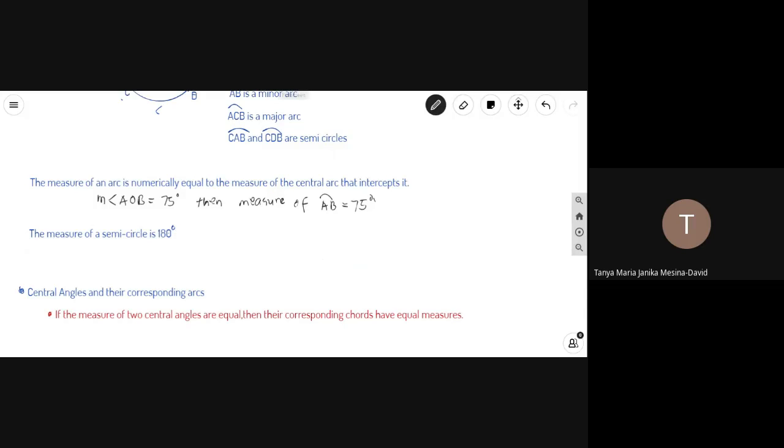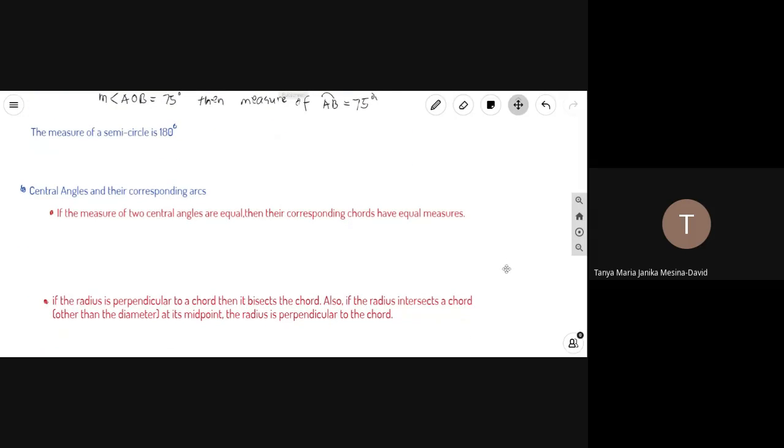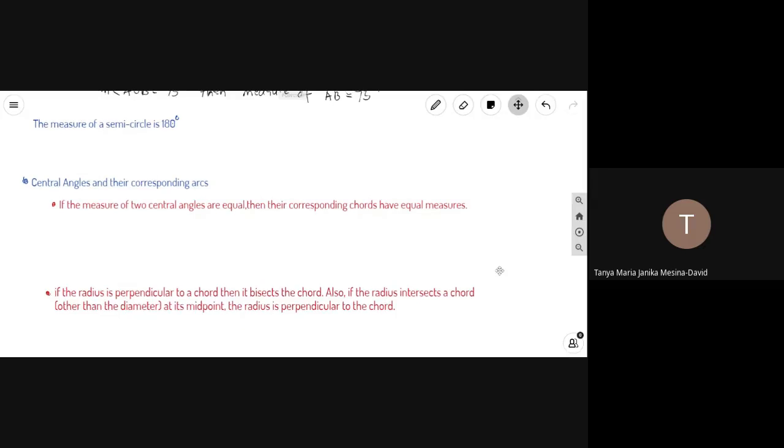Let us now look at the central angles and their corresponding arcs. Remember the following. If the measure of two central angles are equal, then their corresponding chords have equal measure.